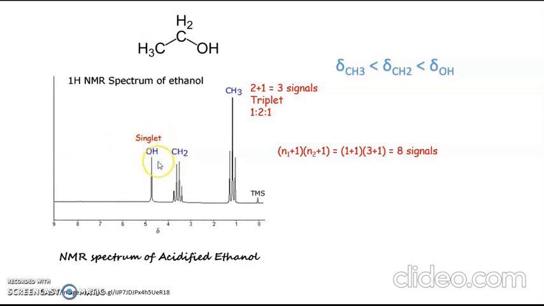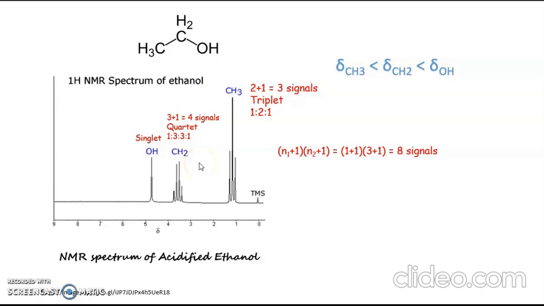Since OH does not stay long enough, it does not affect the 2 protons of CH2 either. It always gives a singlet, and the CH2 protons interact only with the CH3 protons, 3 plus 1, so 4 signals in the ratio 1:3:3:1, a quartet, and a CH3 triplet.